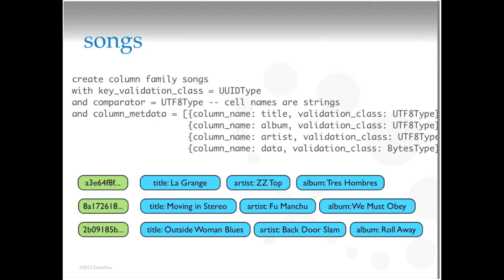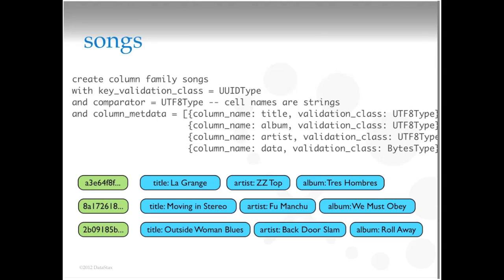The first column family or table that we're going to talk about is just the songs data itself. This is what the definition looks like if you're defining it with the thrift-based command line. You say create column family songs. I give it a key validation class. I've colored the keys light green on this slide to show that they're distinct from the column data.